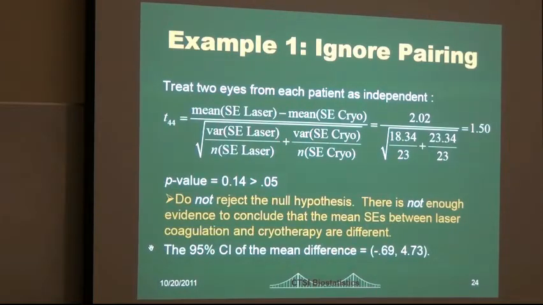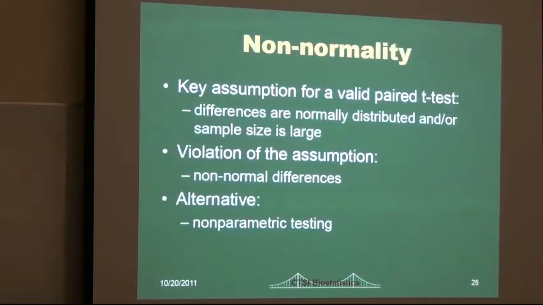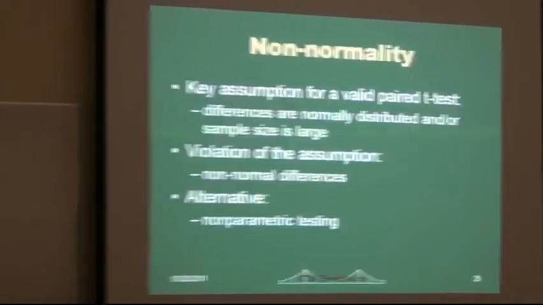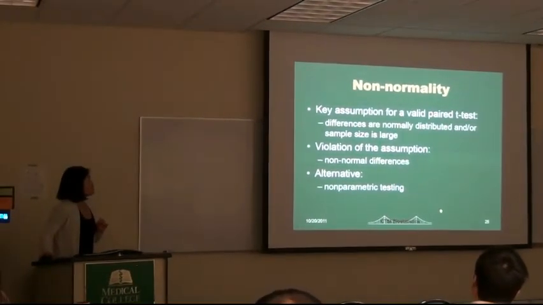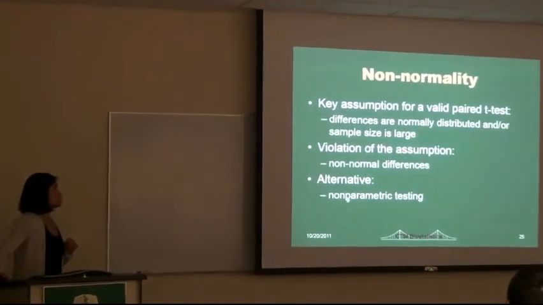And the 95% confidence interval, again here, includes 0. Okay, so that's enough. So what happens when you can't assume normality, or when the sample is small, and you can't assume that the mean has a normal distribution? Then you can use alternative methods using nonparametric testing.